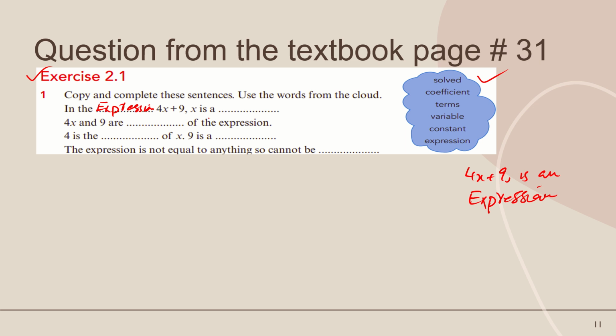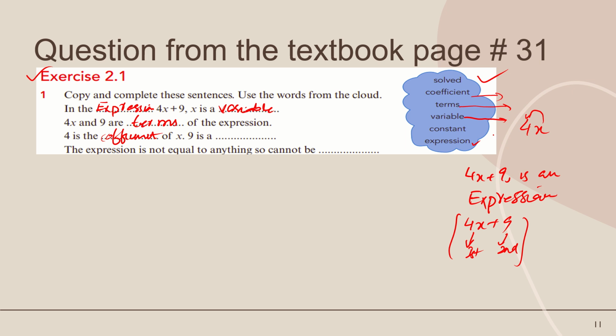In 4x plus 9, x is called the variable because it is an unknown value. 4x and 9 are the terms. 4x is the first term and 9 is the second term, so 4x and 9 separately we call terms. 4 is the coefficient of x, because a number multiplied with a variable is called the coefficient.